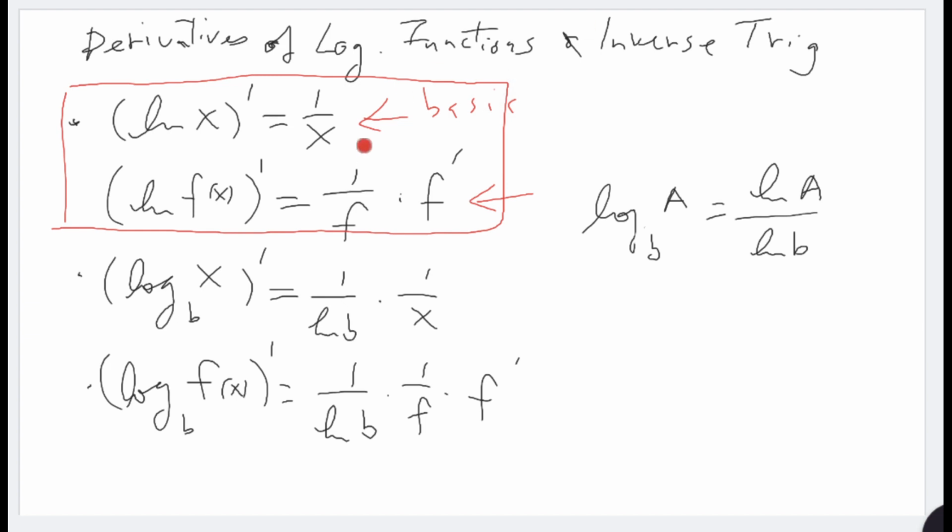Of course, we can easily derive the basic one from the general one, because if we put x in for f, it would be 1 over x, and x prime would be 1, so it would be the basic formula, right? In other words, this is the more useful. It's good to know how we come up with this. It's simple enough, so we remember both.